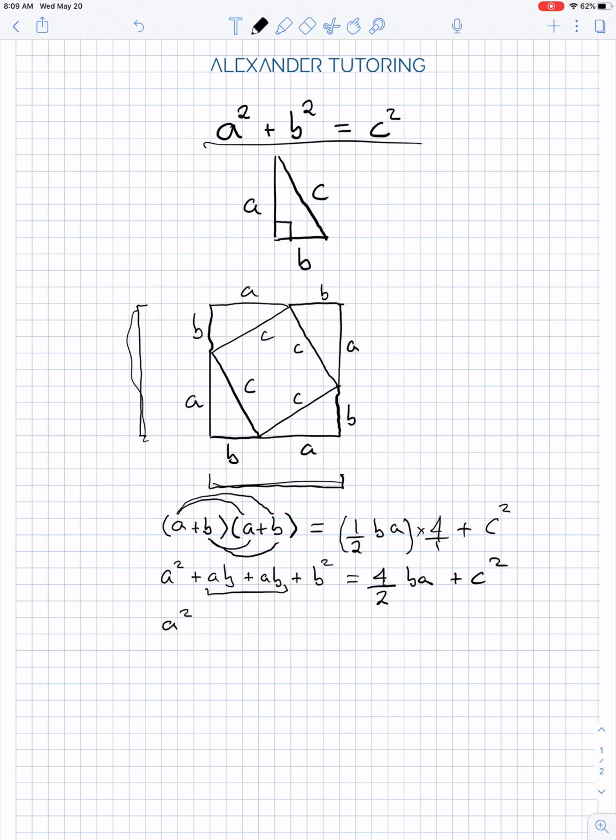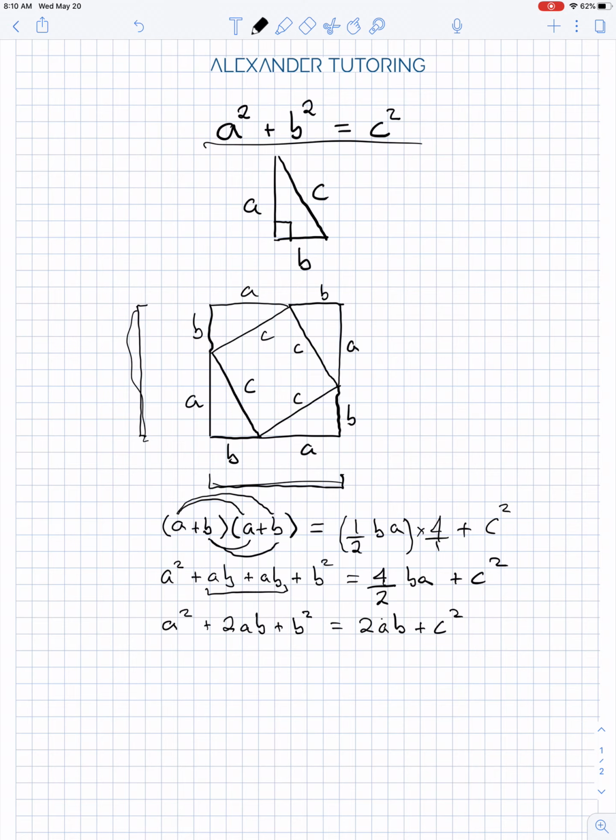Well, it's like x plus x, right? x plus x is 2x, so ab plus ab is 2ab. Okay, over here, what's 4 over 2? Well, it is 2. ba, ab, same thing, I write ab.